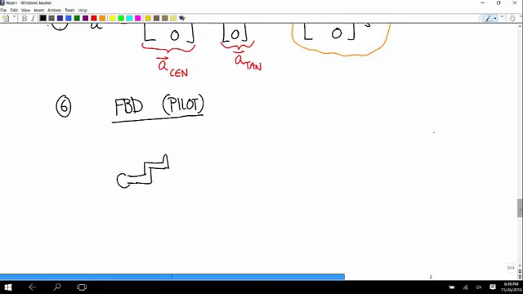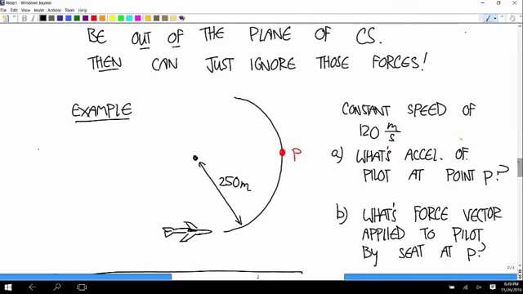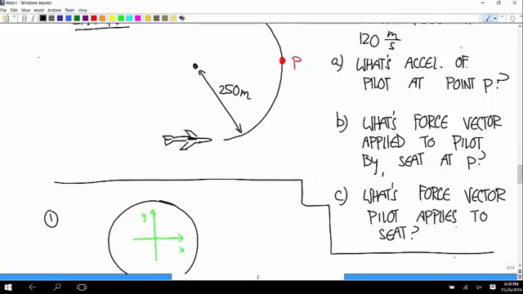Oh, I didn't give his mass. Let's pretend I did. Let's say the pilot's mass is 100 kilograms.